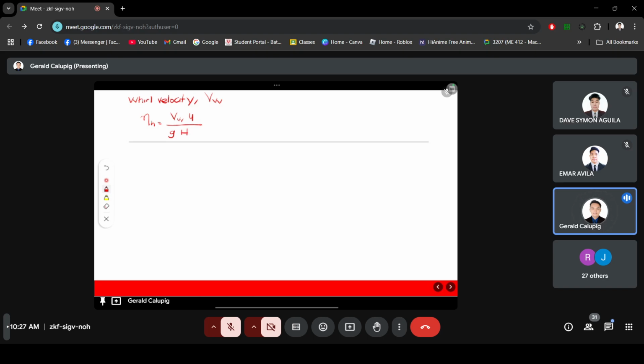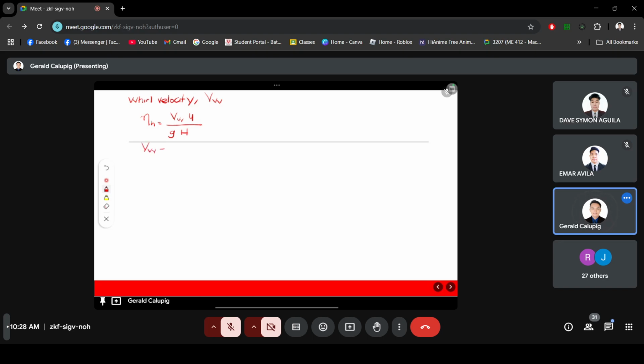So we already have the value of U, the tangential velocity, and the acceleration due to gravity, g, which is equal to 9.81 meter per second squared, and our head is equal to 68 meters, and our hydraulic efficiency is 0.94, which is 94%. So let's derive the formula.